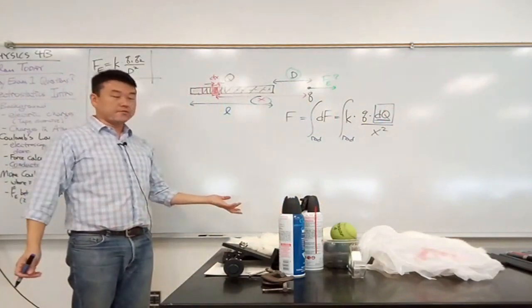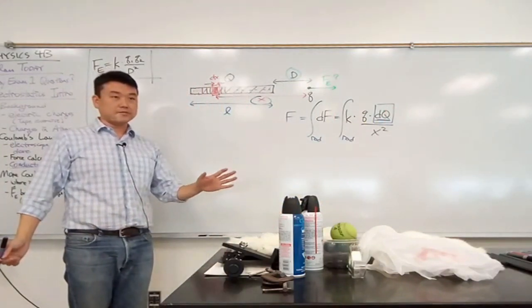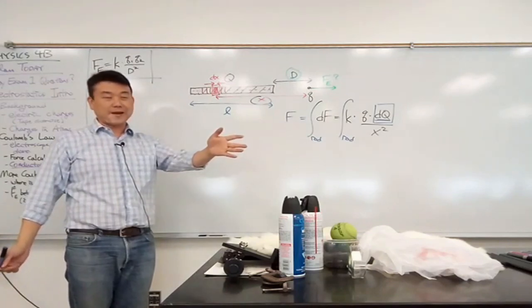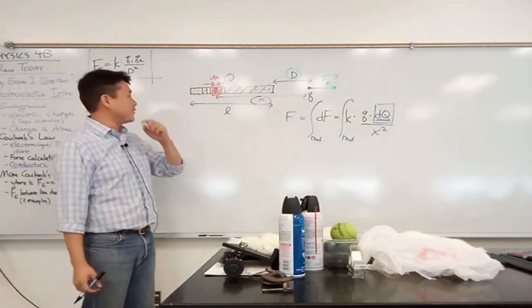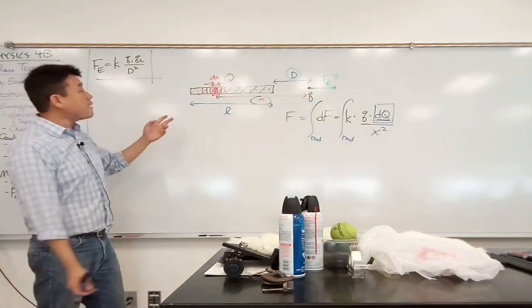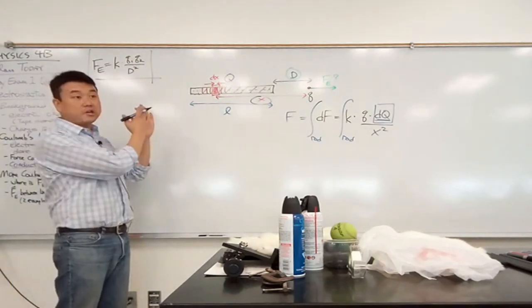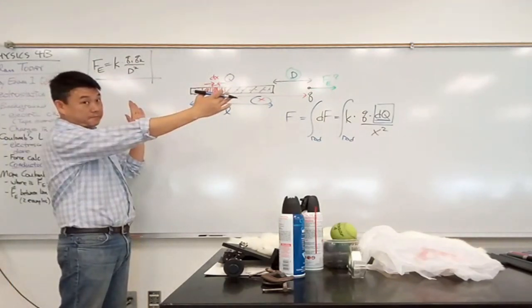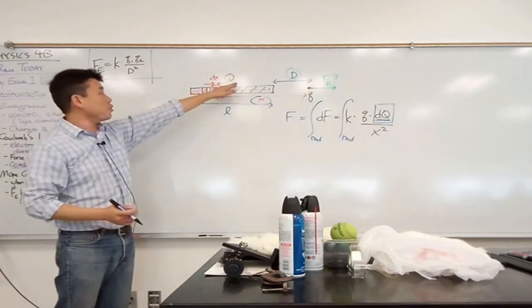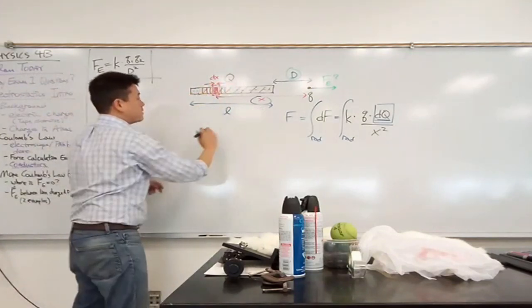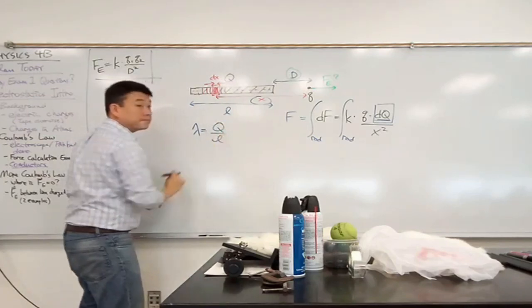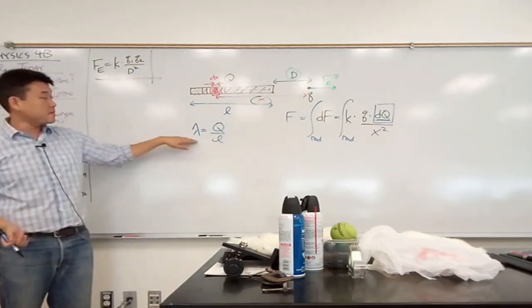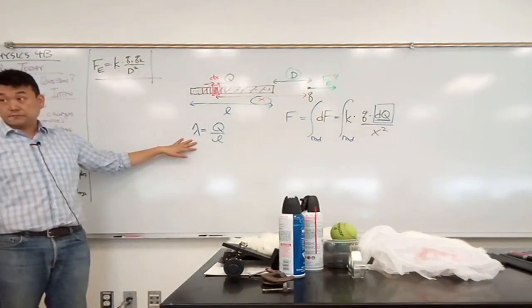Somebody tell me how to do it in the next 10 seconds or so. Or in the interest of time, I have to do it. You will see this often enough, so let me just do it this time. I'm going to introduce the idea of linear charge density. That's the total amount of charge, this is the length. I'm going to say linear charge density is lambda equals Q over L. That's however much charge is in a unit length.